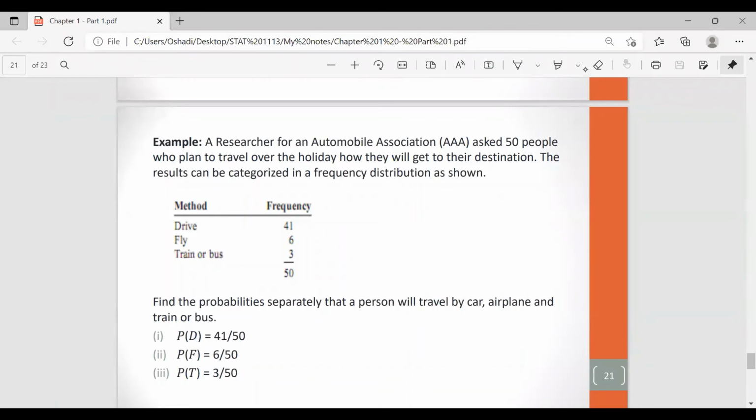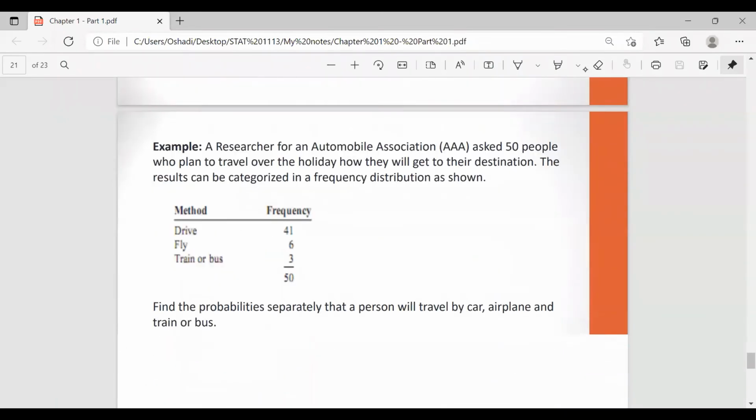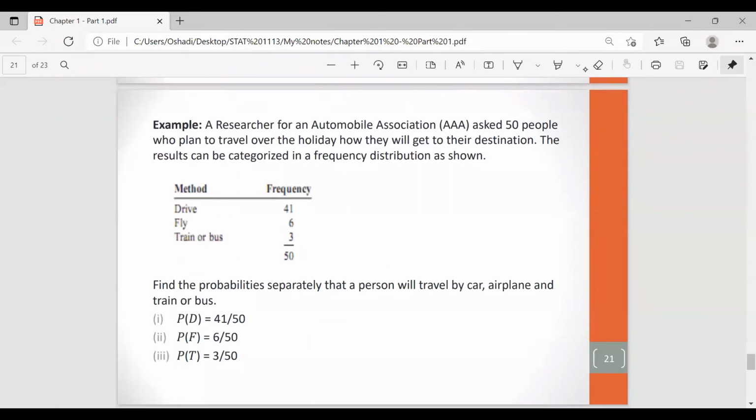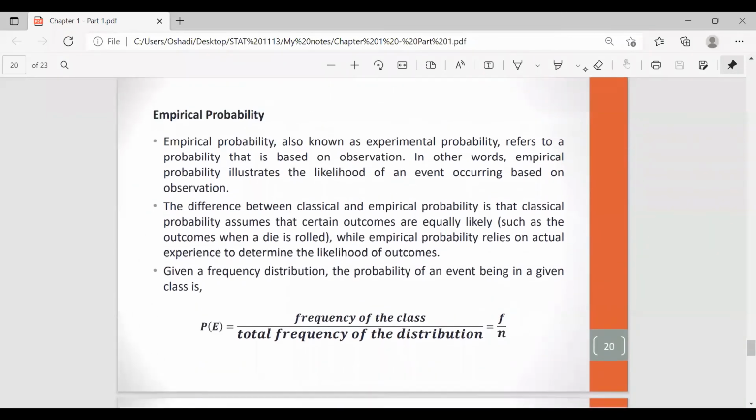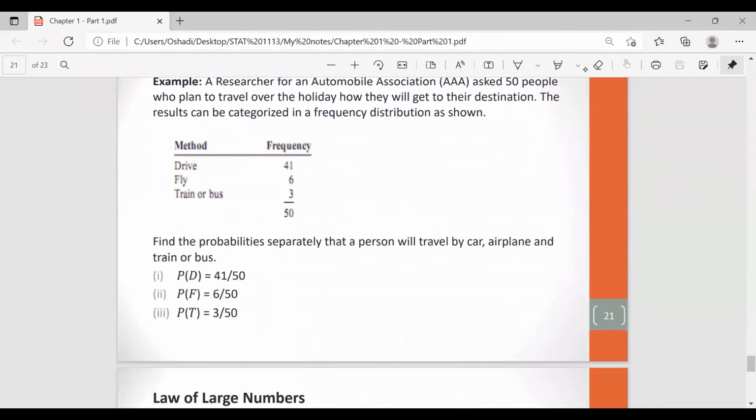So the empirical probability that a person will travel by car is 41 over 50, by airplane it's 6 over 50, and by train or bus it's 3 over 50, right?